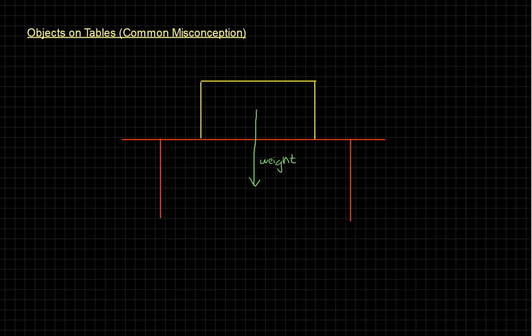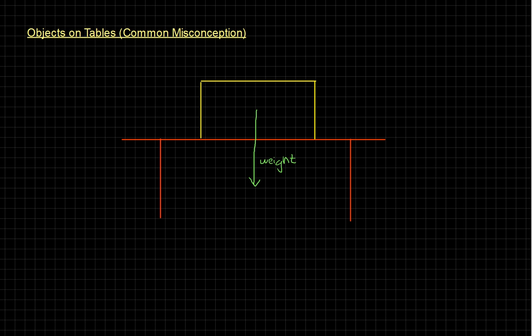And now ask yourself, what do we think is the equal and opposite force in this scenario? Well, it depends how prepared you are for this question. You might have said it's the reaction force of the table pushing back on the box.